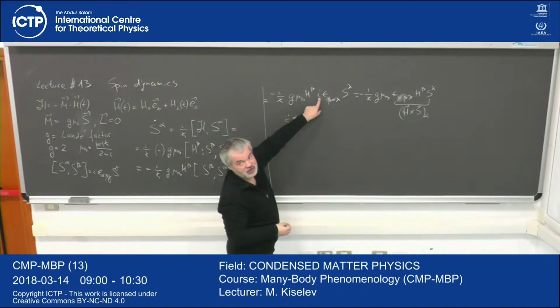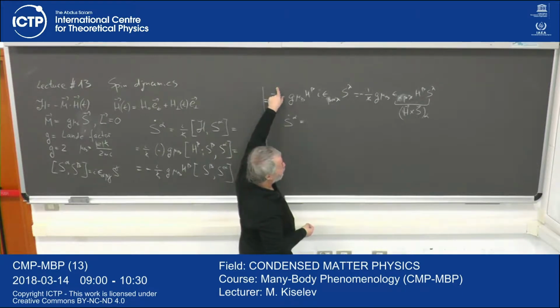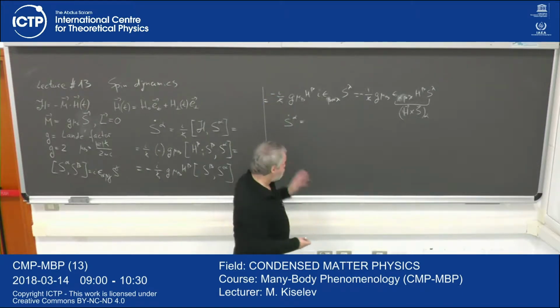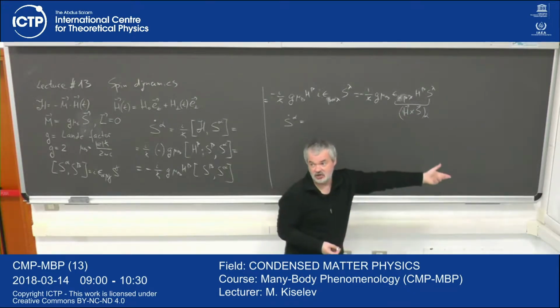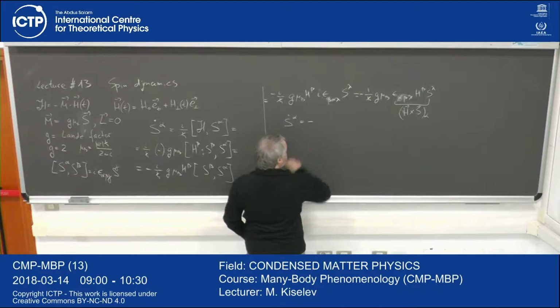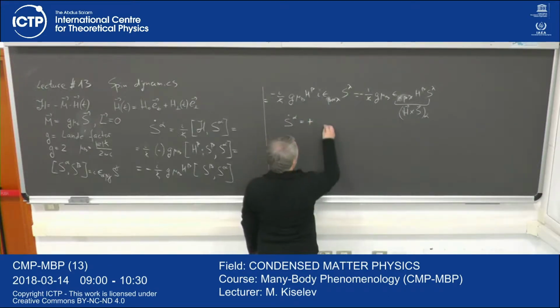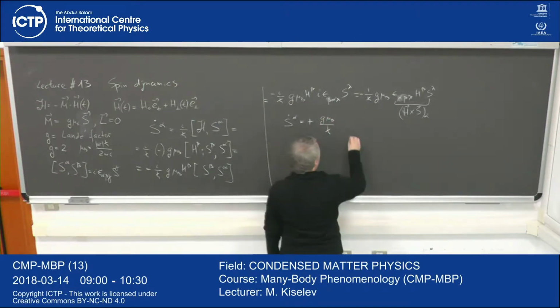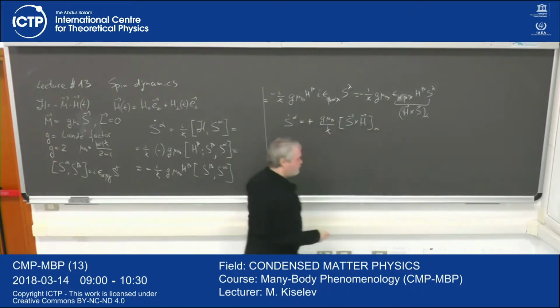From the commutator, it comes i. i times minus i equals 1. Okay? But I would like to write S first. So therefore, I again interchange, and minus times minus gives me plus g μ_B over ħ, and this is S times H, the α component.